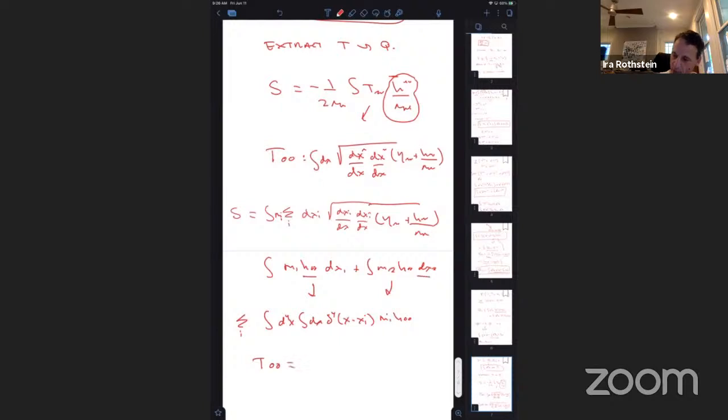So that's going to be, up to factors of m Planck, there should be a 2m Planck here.